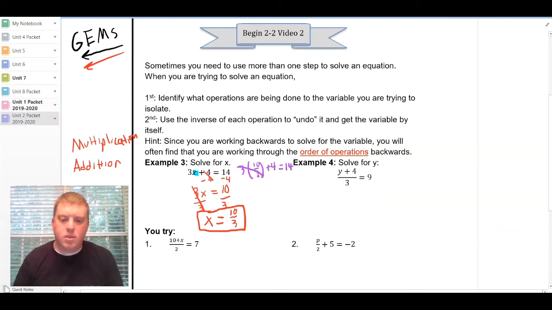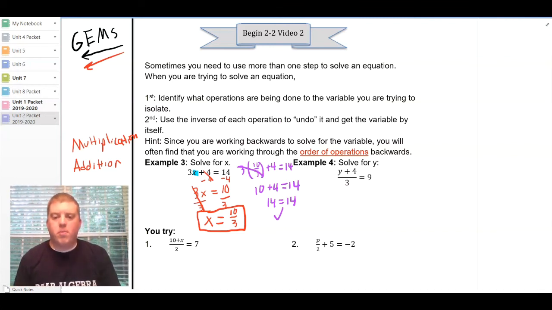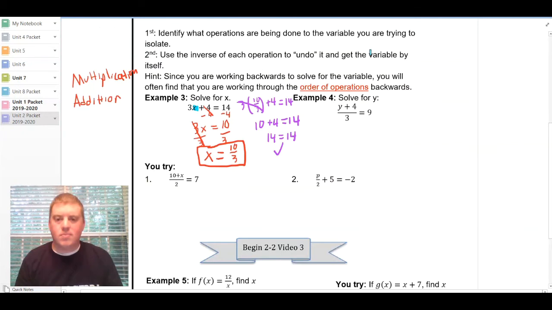The 3's cancel out, and I have 10 plus 4 equals 14, so I end up with 14 equals 14, and I know that I have the right answer. It's always good to get into the practice of checking your answers to make sure that you have it right before you turn in a mastery check or a test.